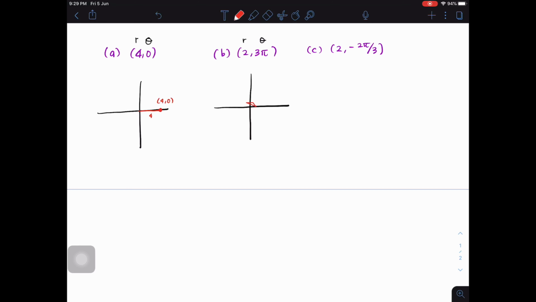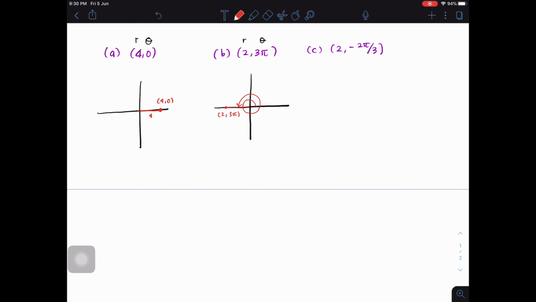Here to here is 1 pi, here to here is 2 pi, and until here is 3 pi. So this is our angle, and it means our line falls on this polar axis with the distance equal to 2 from the pole. So here is our point 2, 3 pi.